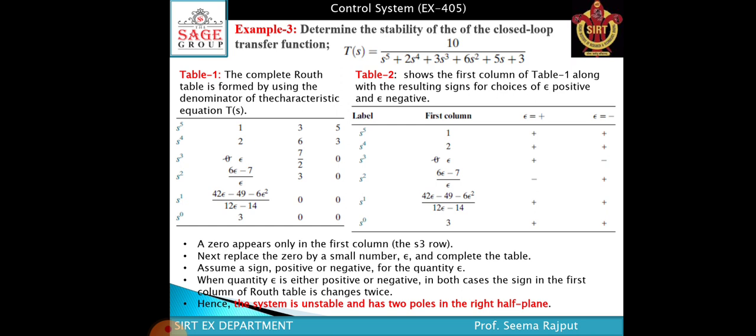After solving, in the first column we find the value is 0. In the place of 0 we have to put epsilon, and after putting epsilon we again solve the Routh table, and after solving we have the new table.